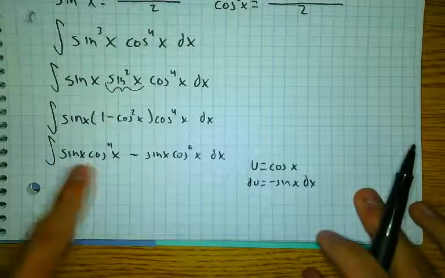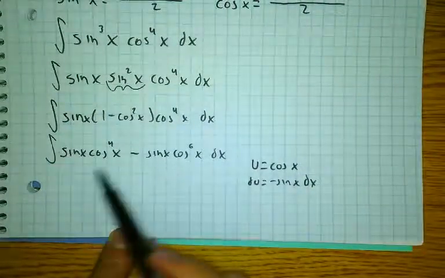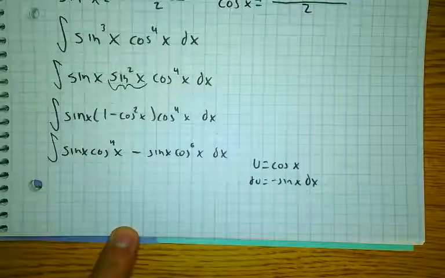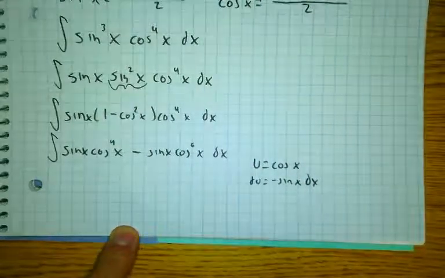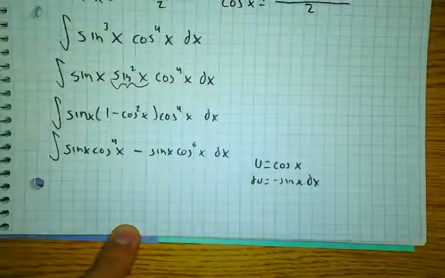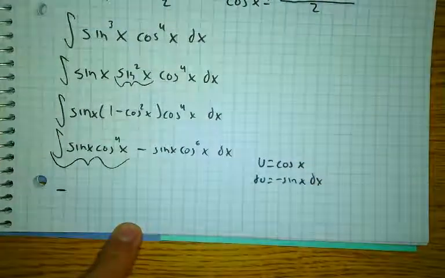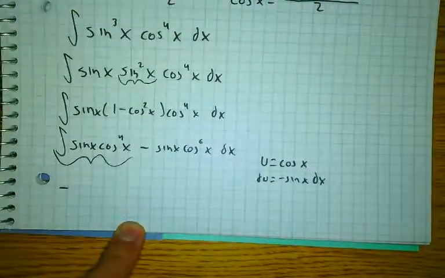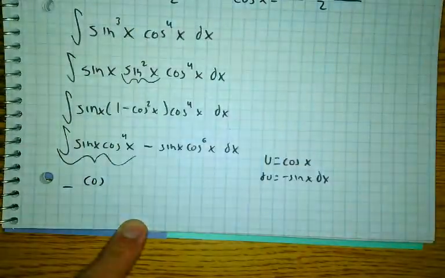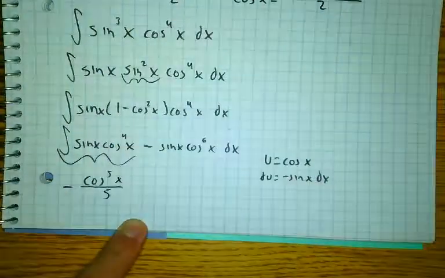So what is the integral here? Well, if we use u substitution, I'm not going to show all the work. We know that this technically just became u to the fourth power, right? If I integrate that, that gives you u to the fifth over 5 with a negative up front because I need a negative. Agreed? So this right here becomes negative cosine to the fifth power over 5.